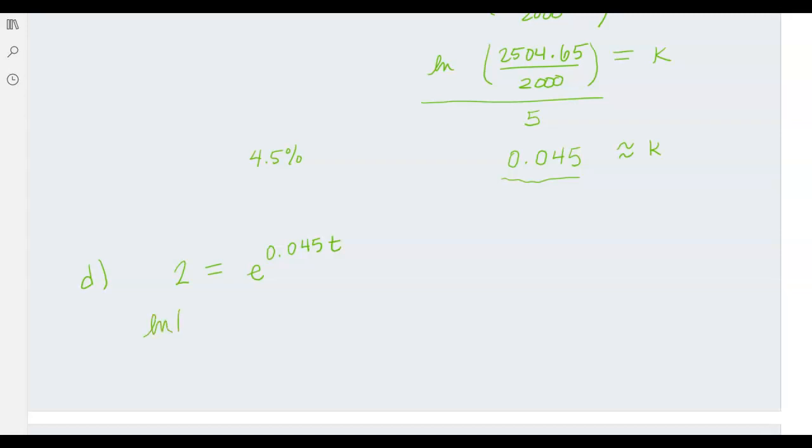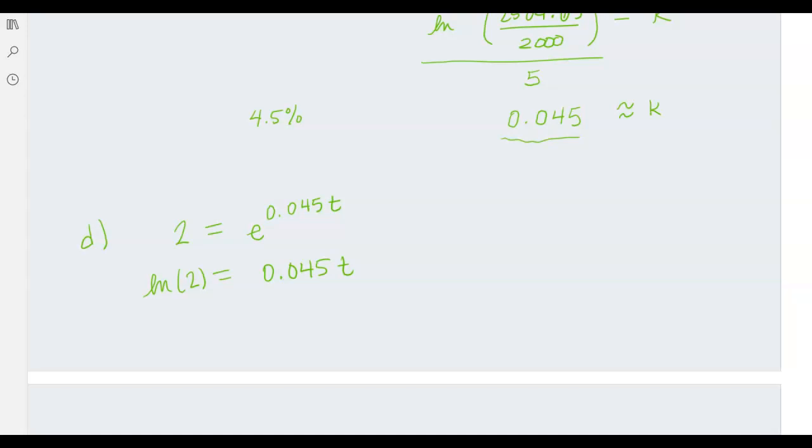So the natural log of 2 is going to be 0.045 times t. Divide both sides by that decimal, and we get that t is approximately 15.4 years.